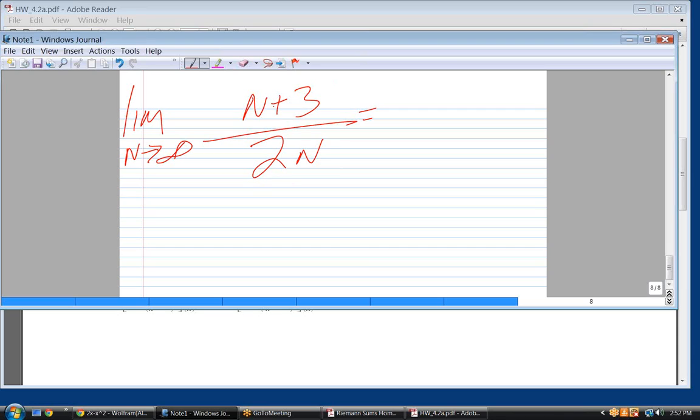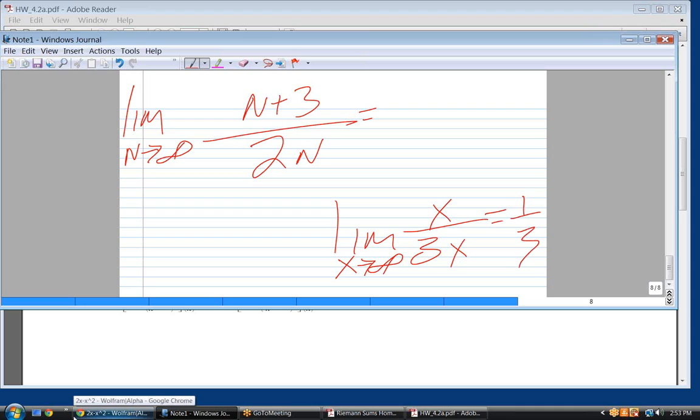We could take the derivative of the top and the derivative of the bottom. But try to remember, what's the limit of this as x goes to infinity? In other words, the x's cancel out and you have 1/3.